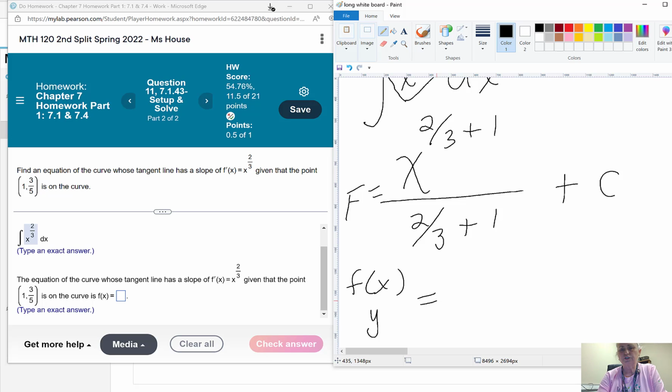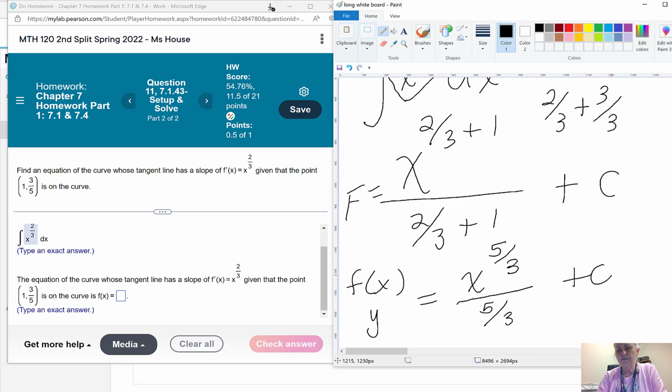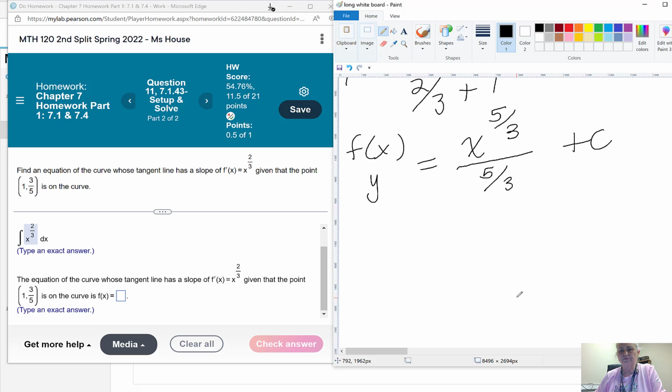The original function is x to the 5/3, right? 2/3 plus 3/3. 3/3 is 1, gives me 5/3. Divided by 5/3 plus c.